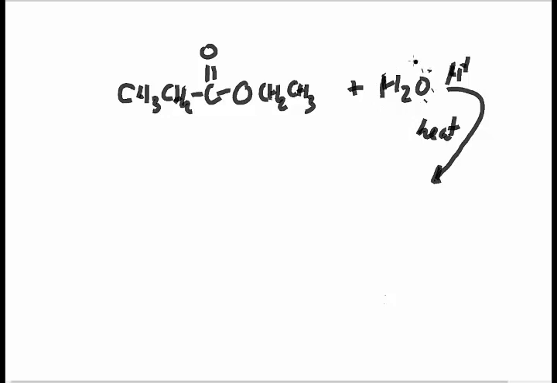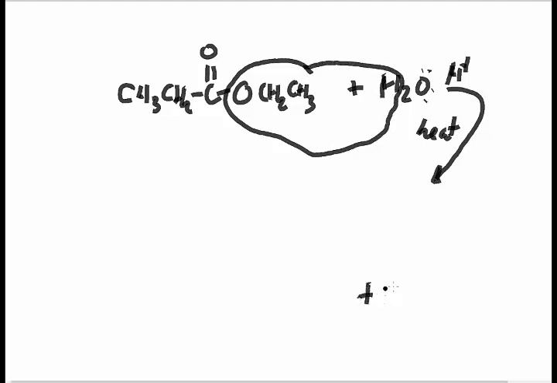Well, you can see that this species here is not negative. It's electrically neutral. This would be the H and U. So, following the pattern, this whole piece is going to break off. It's going to hook up with one of the hydrogens here, making the byproduct ethyl alcohol.